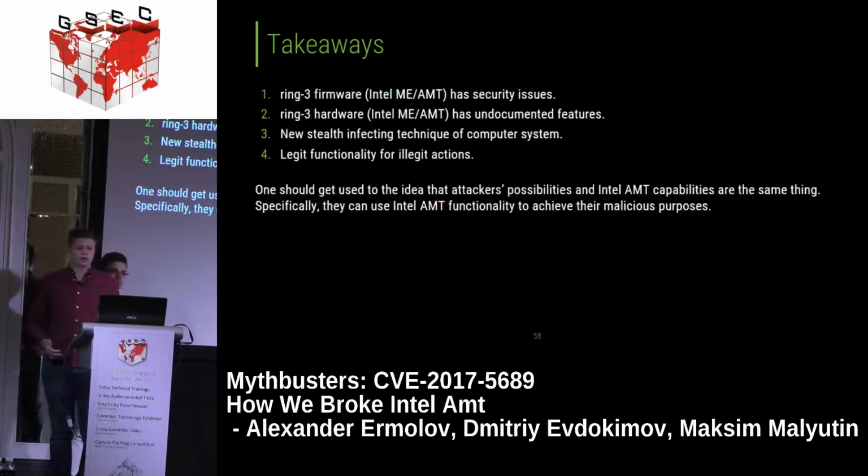And finally, we demonstrated how it's possible to swap a firmware image from 1.5 megabytes to 5 megabytes for the goal of enabling Intel AMT on the system. We hope that our research has shed light and brought awareness to the security issues in the ring -3 domain.